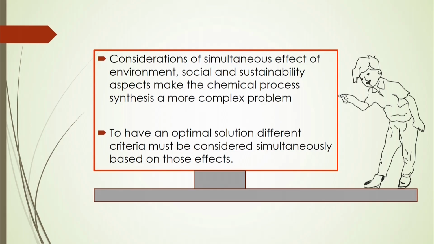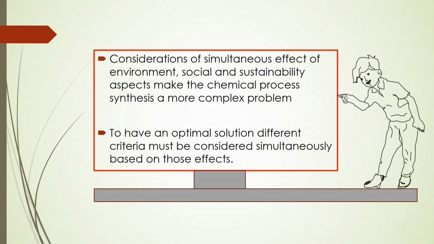Now, considering the simultaneous effect of environmental, social and sustainability aspects makes the chemical process synthesis a relatively complex problem. And in that case, to have an optimal solution, different criteria should be considered simultaneously based on those effects.